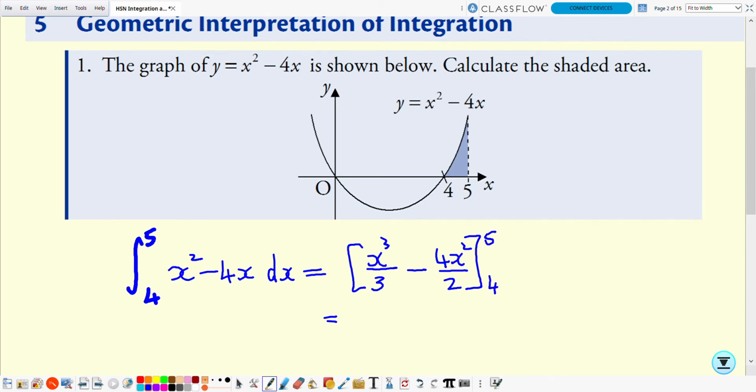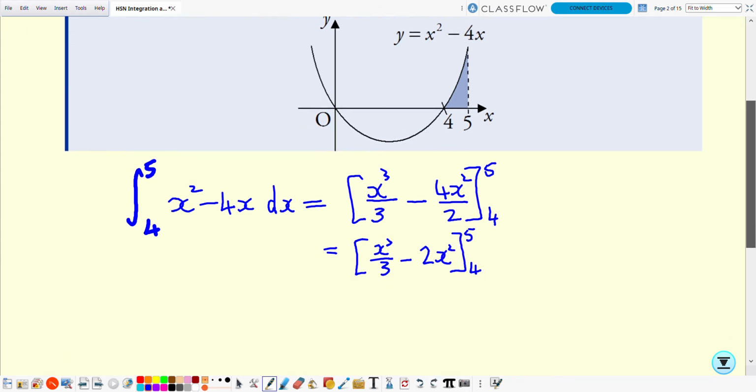And before you would sub in to that, you would simplify that expression. So we're going to have x cubed over 3 minus, that becomes 2x squared, and we'll still get our limits of 4 and 5.